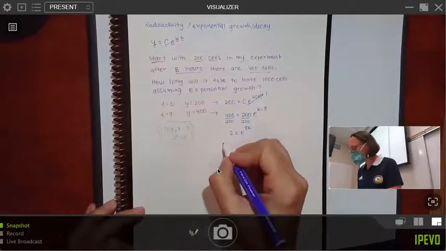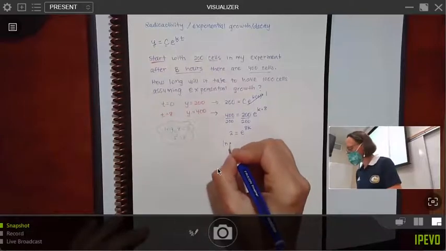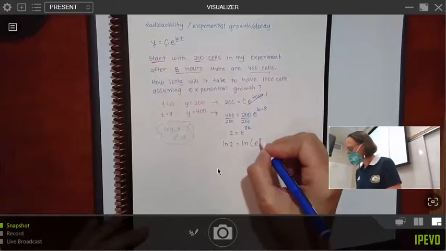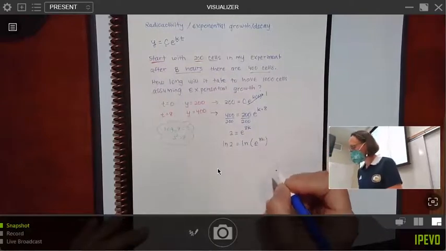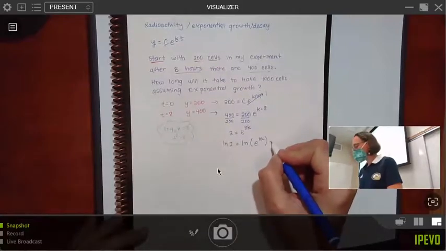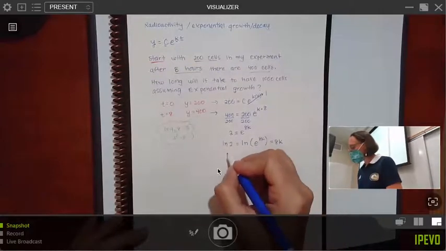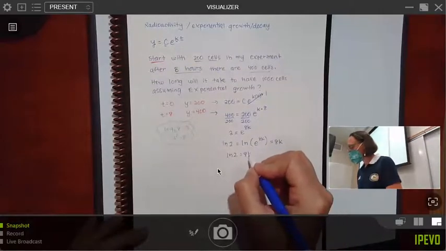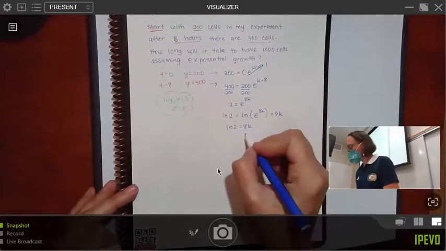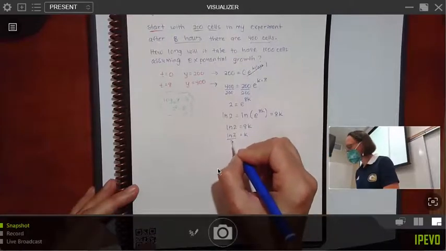So I'm going to sweep in here and do natural log of 2 is equal to natural log of e to the 8k, and then use that inverse property that tells me this side is just 8k. And if ln of 2 is equal to 8k, then k must be ln of 2 divided by 8.